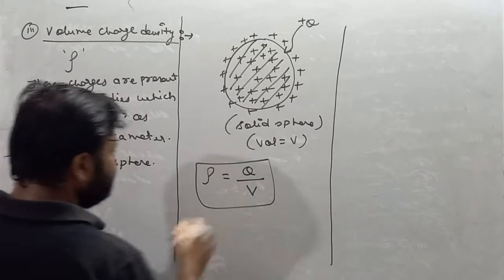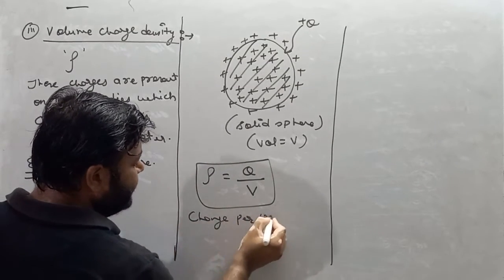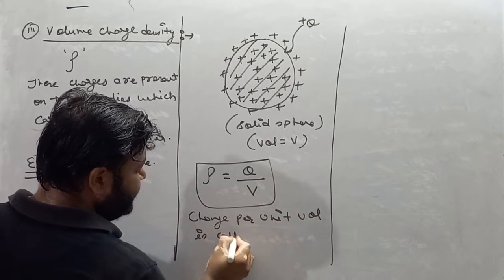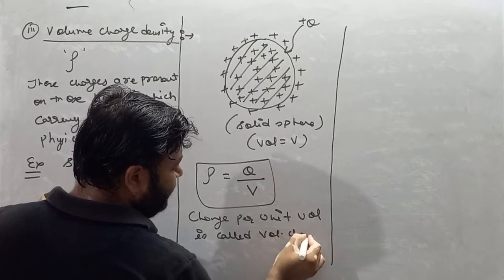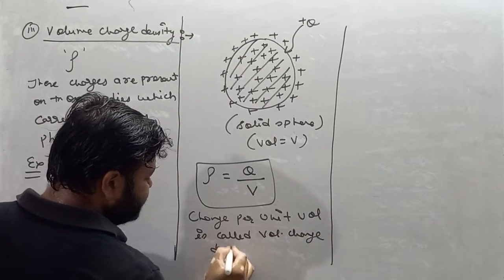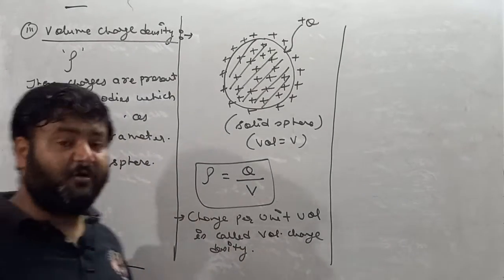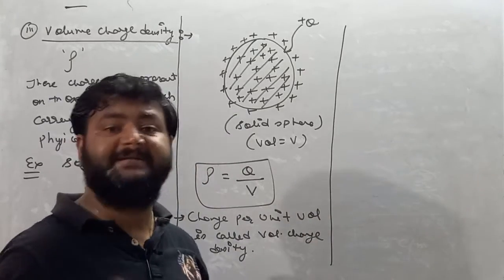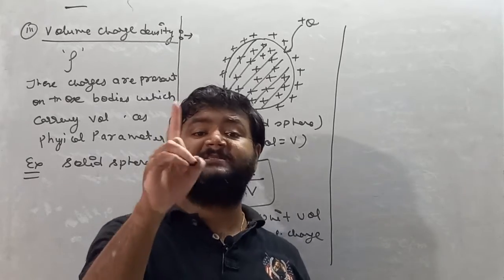So the definition is: charge per unit volume is called volume charge density. We know that per unit volume means 1 meter cube, per unit area means 1 meter square, per unit length means 1 meter.